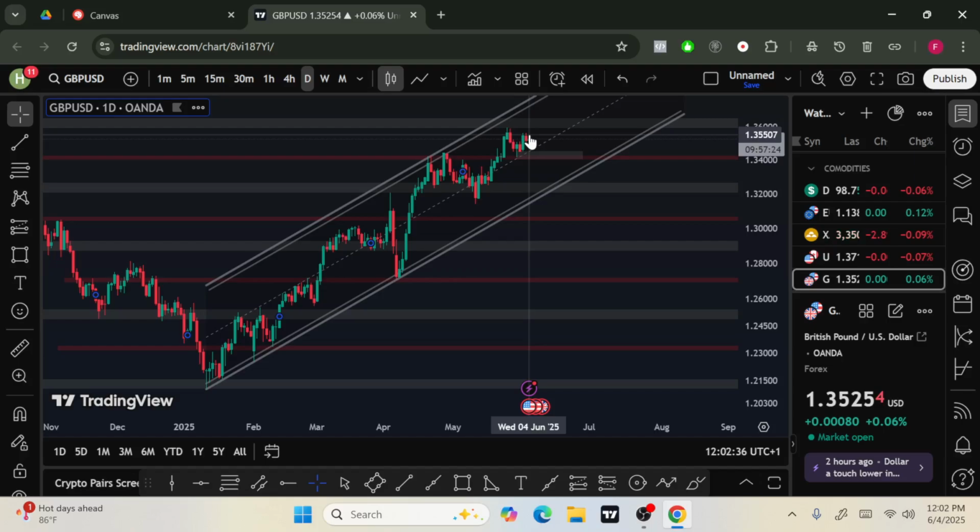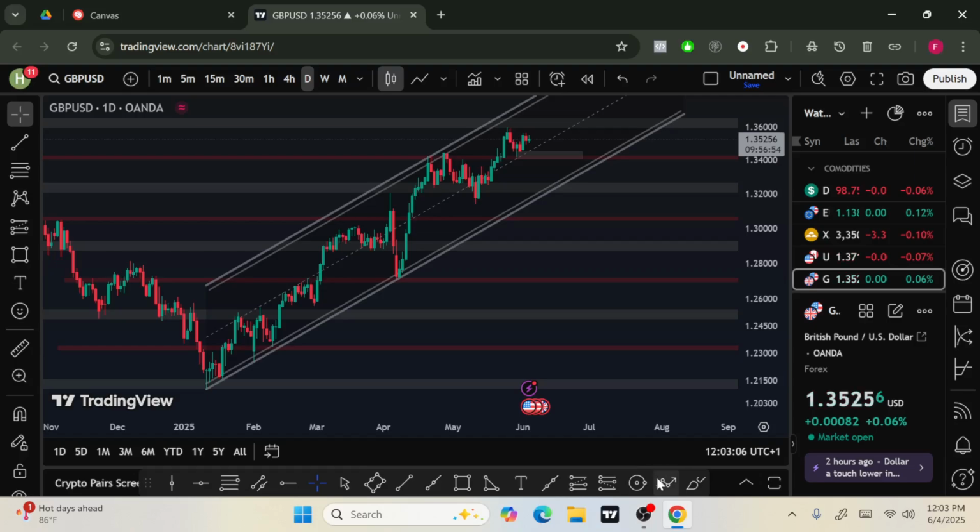If you call this M, and it doesn't break above this high, an M should have two equal peaks. Now look at this.